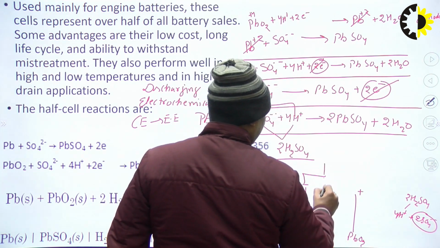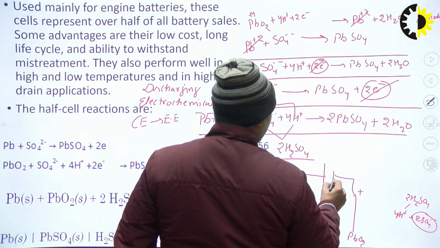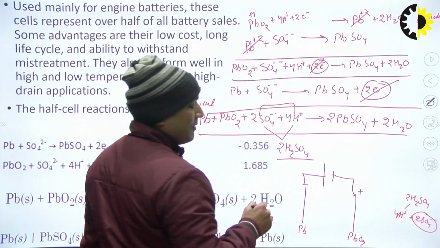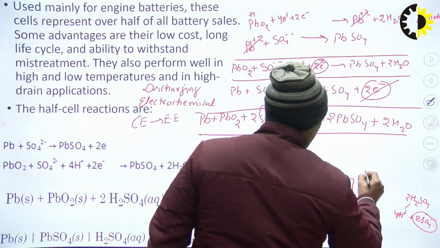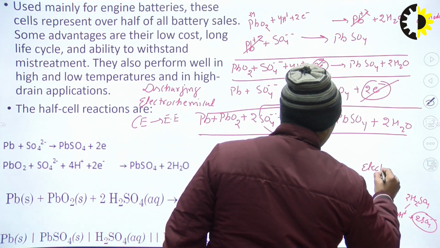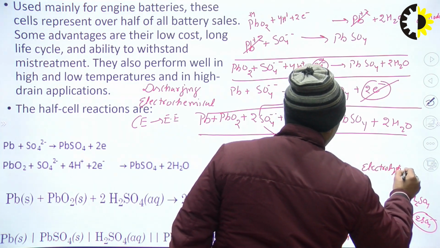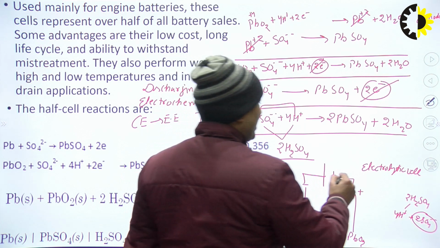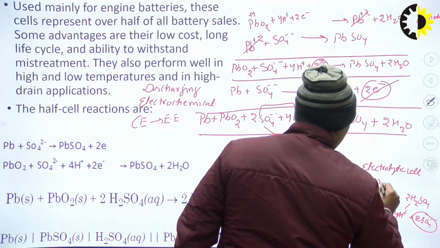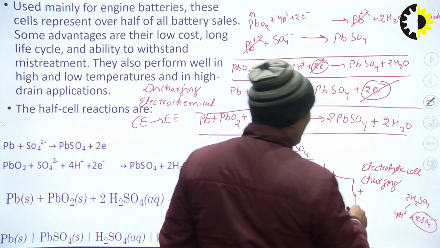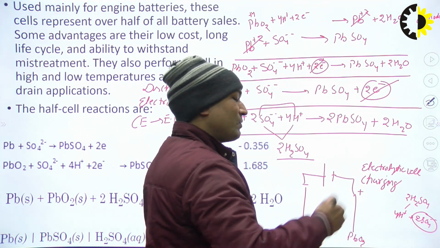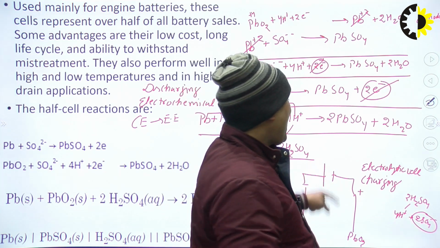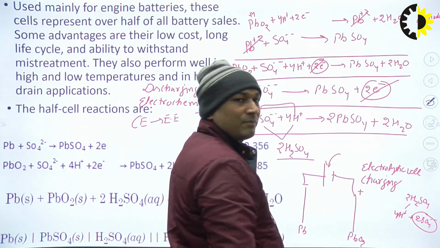It will interact with the two terminals of the battery, positive side and negative side. Then this will behave just like an electrolytic cell, and this is now the charging reaction. The battery has been discharged and I am going to charge it again by connecting it with an external source of current.